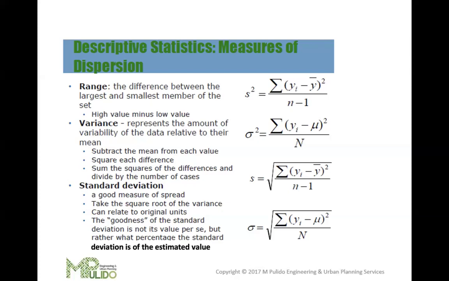So if you look at the formula for the variance, there's sample variance and there's population variance. Variance is expressed in squared units of the original data, making it less intuitive to interpret. It is useful for comparing variability between different data sets.